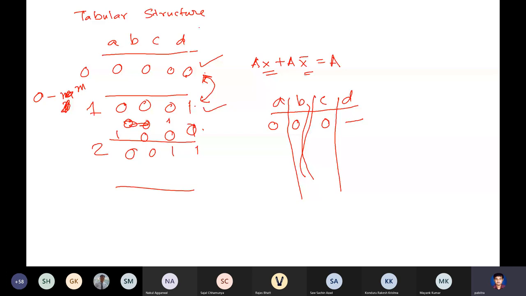If I number the minterms, note that this is the index, whereas this is the minterm number. I just label them 1, 2, 3, 4, and so on.